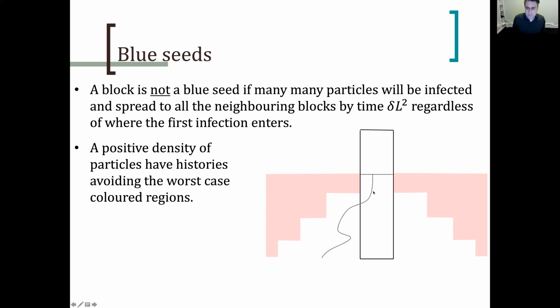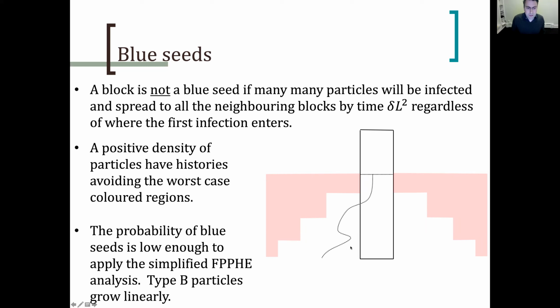So then we just look at particles that avoid this worst case shaded region. And so we can show that the probability of a box being bad is low.